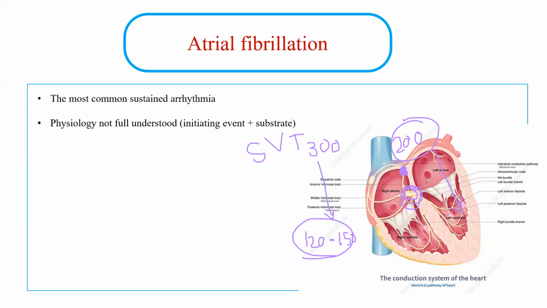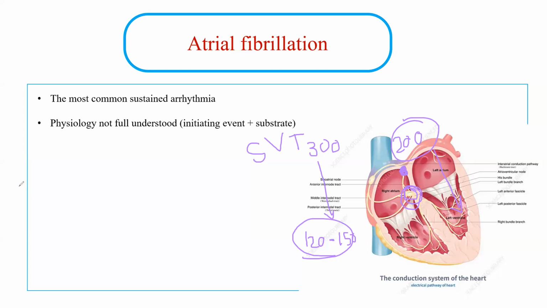But when the rate is only 200, the AV node doesn't reach that threshold, so it will continue and deliver almost all of the electrical activity. That's why in SVT, the heart rate is higher than in atrial fibrillation in most cases.